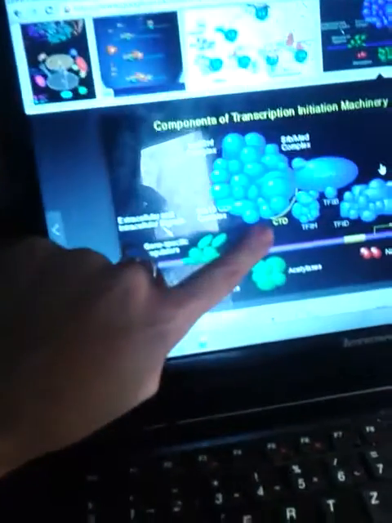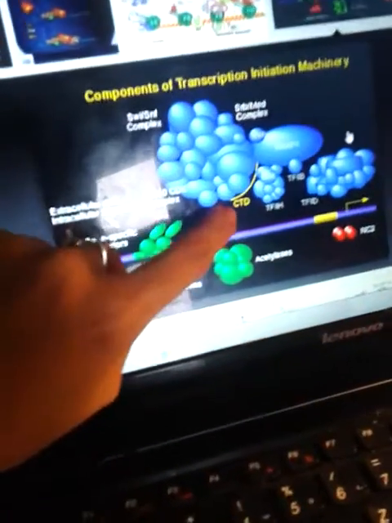See, this is RNA polymerase 2. This is the CTD, the C-terminal domain. The initiator factor, the transcription factor, binds to RNA polymerase. Behind it, for example, is the helicase subunit and so on.